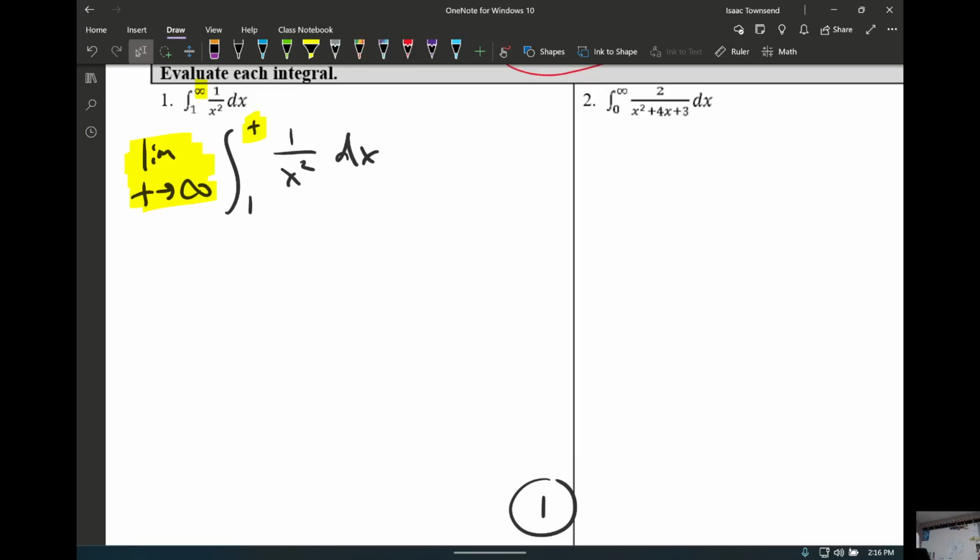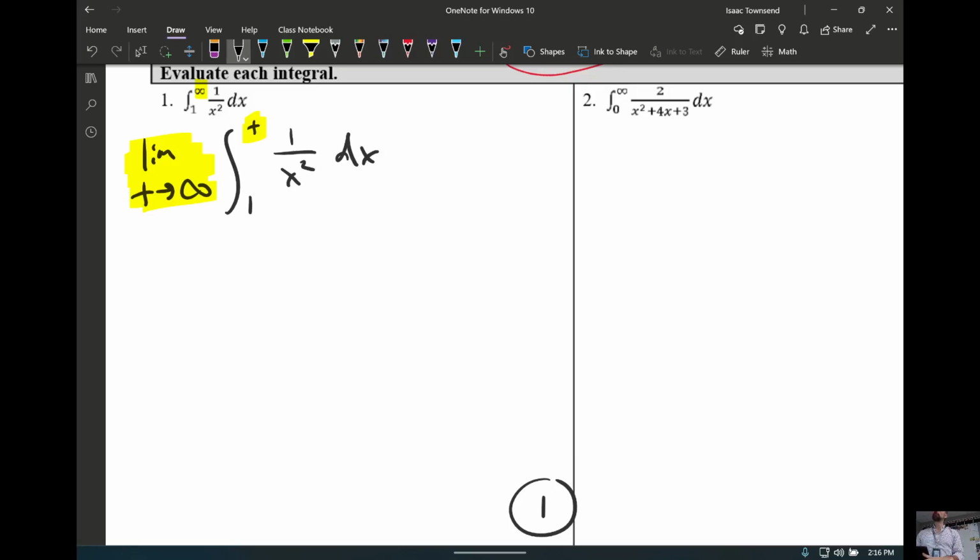Okay, try to do the setup for question 2. Just the first setup, how to rewrite it so that it looks like stuff we know how to do. Okay, also this one, pretty much the same idea.